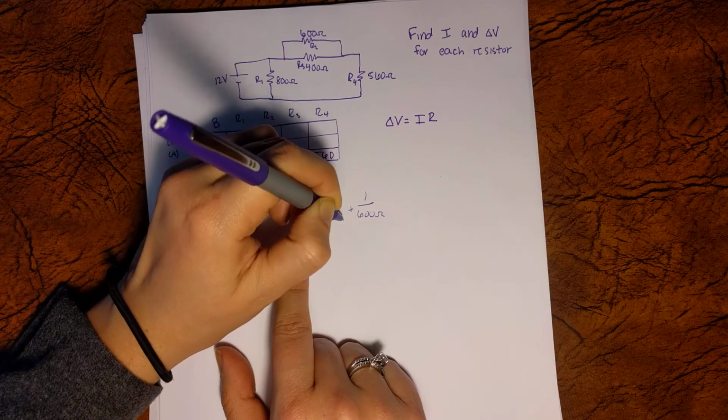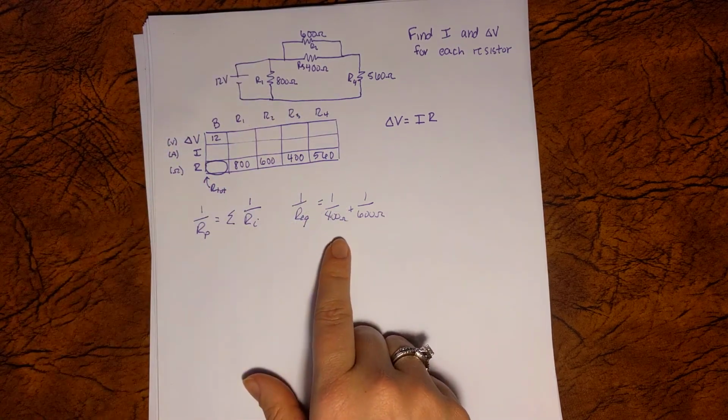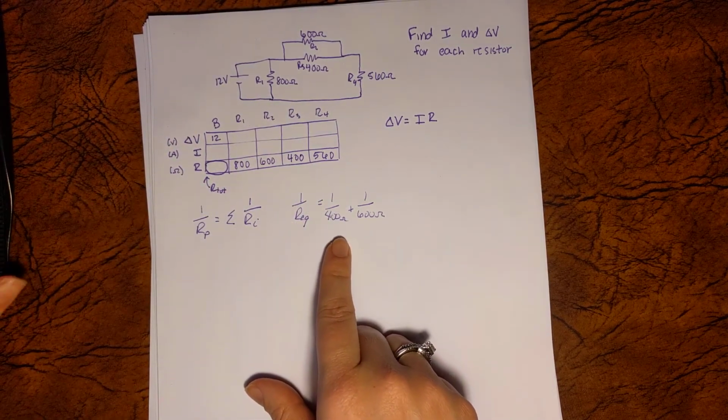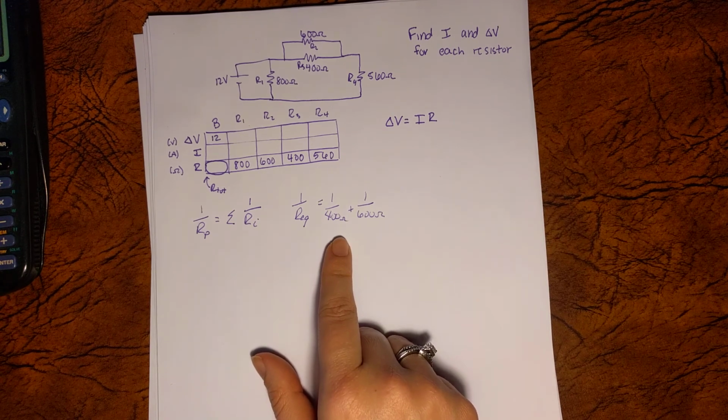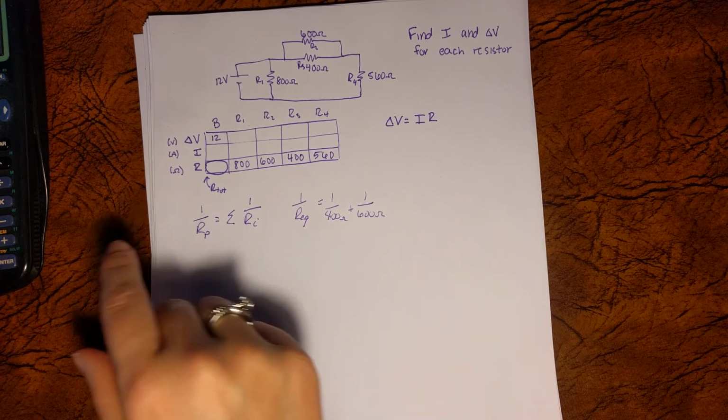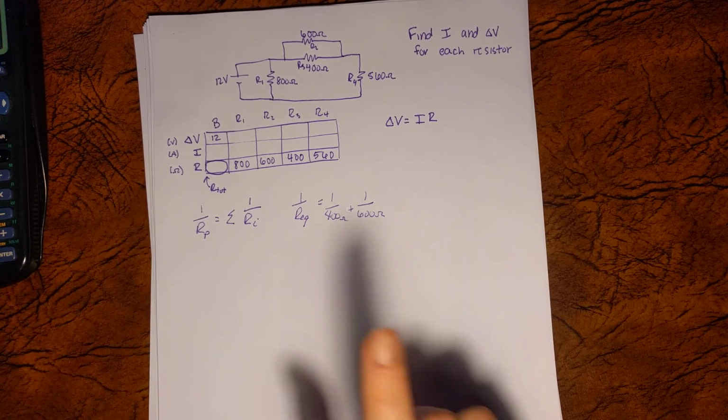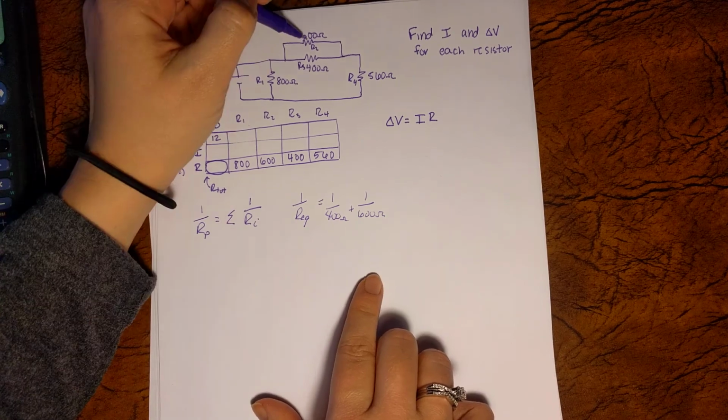So here, let me use my calculator since I did not crunch these numbers earlier. So you get 1 over 400 plus 1 over 600, and we take the inverse of that answer. And we get 240. So the resistance here is 240 ohms.